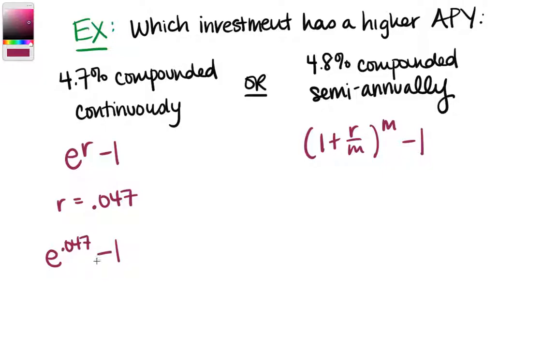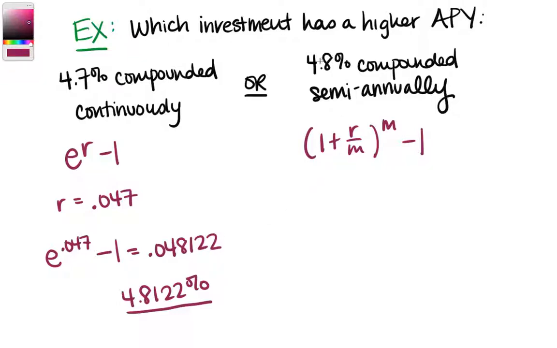So we do E to the 0.047 minus 1, and what we get is 0.048122, or 4.8122%. We'll notice that's higher than our annual percentage rate for compounding. But what's happening is, compounding interest builds on itself. So over the course of a year, that ends up being a total of 4.8122% of the original investment, whatever that original investment was.